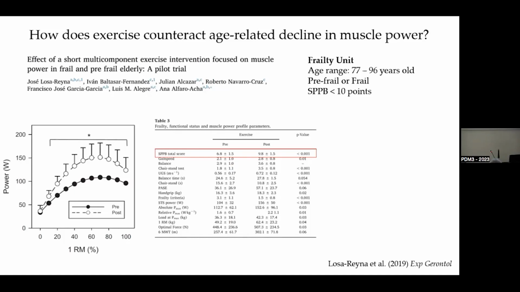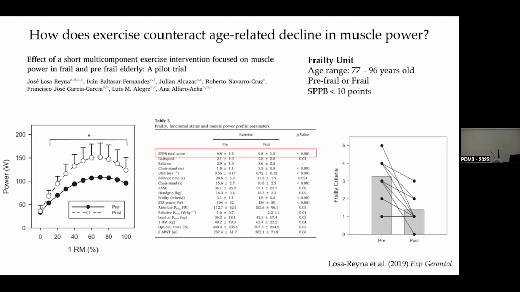These participants had a very low physical performance level, so the gains in that aspect were great. And finally, we also observed a decrease in the number of frailty criteria that they had.